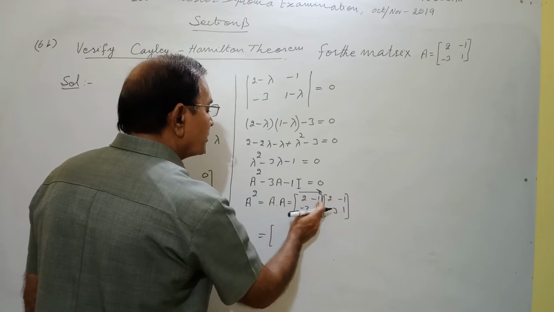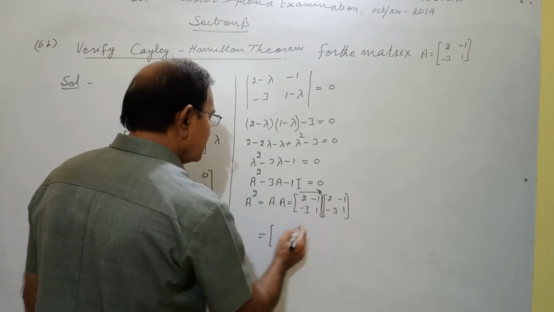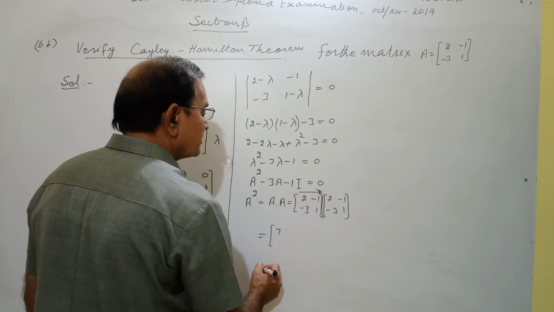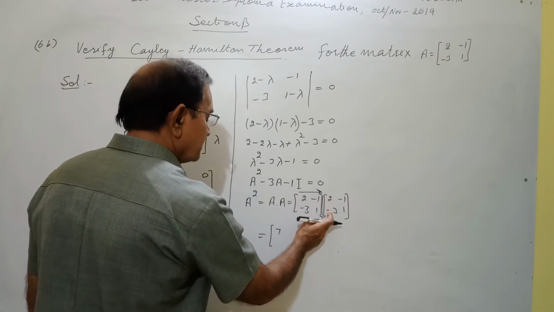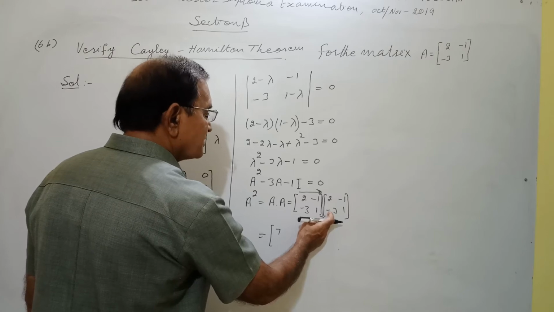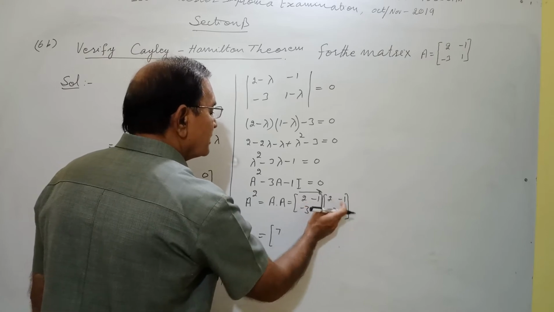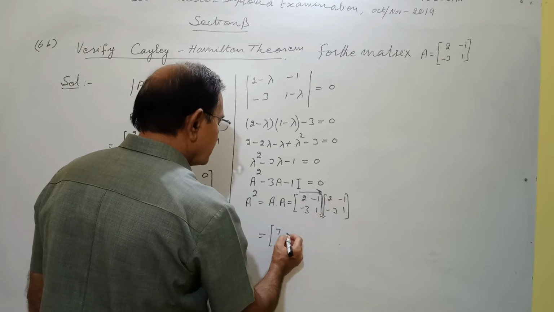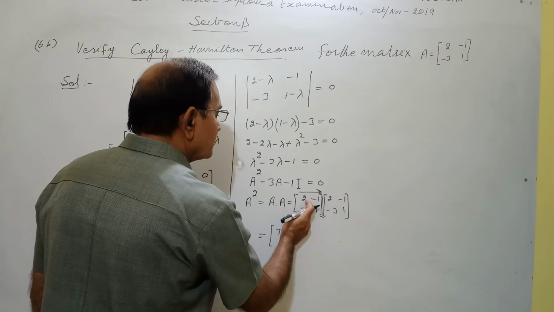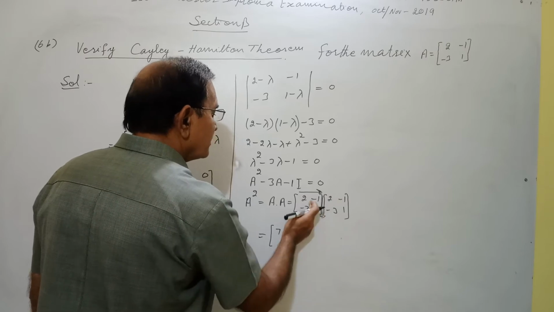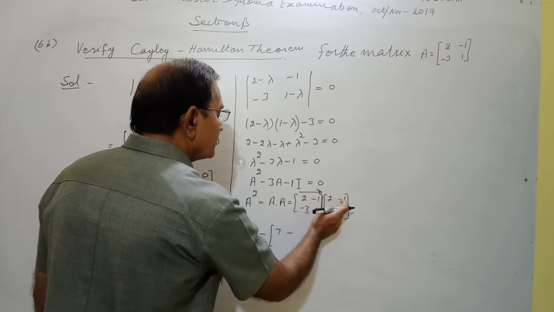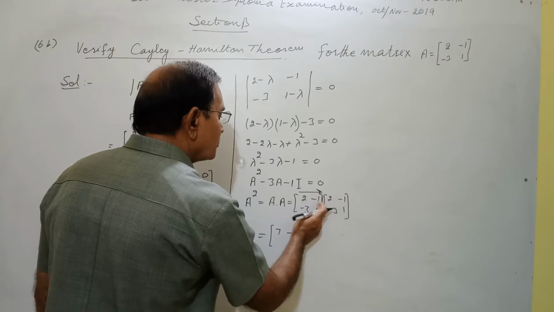We'll get 4 plus 3, 7. See here, 2 twos are 4, minus and minus plus 3, 4 and 3, 7. Minus 2, minus 1. See this carefully, minus 2, minus 1.